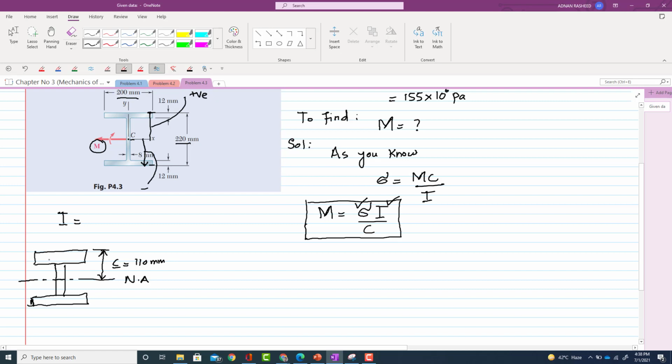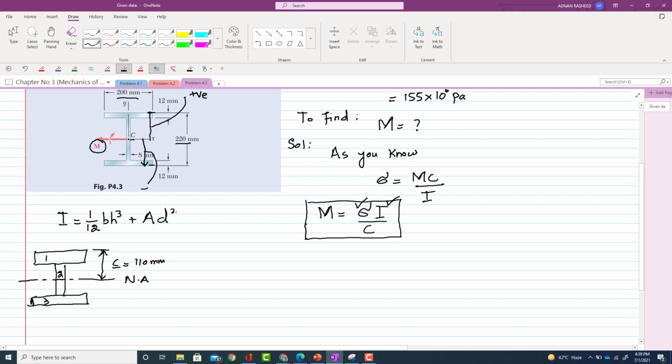Now we will divide this wide flange beam into 3 portions. The first one is this, the second one is this, the third one is this. So the I formula for each rectangle will be 1 over 12 BH cube plus AD square.